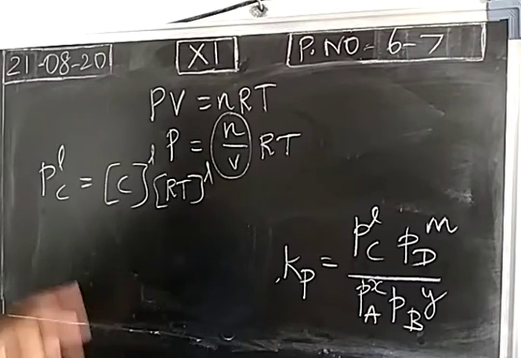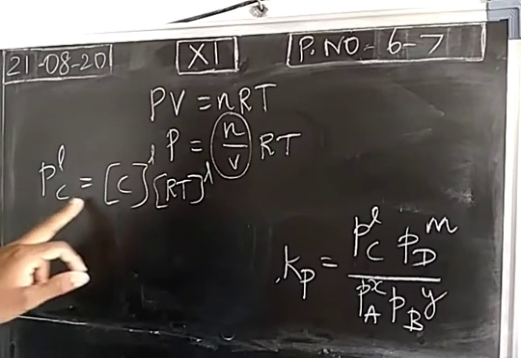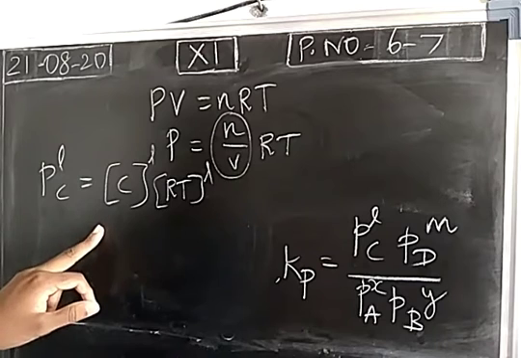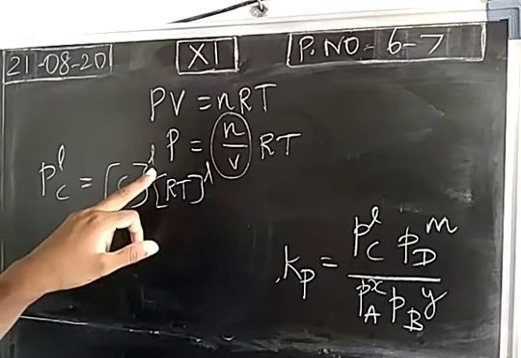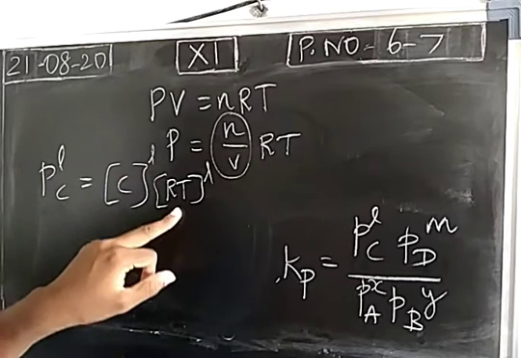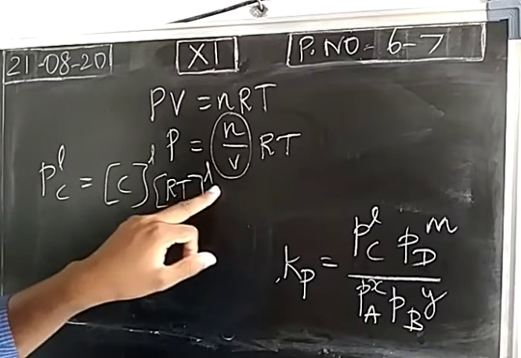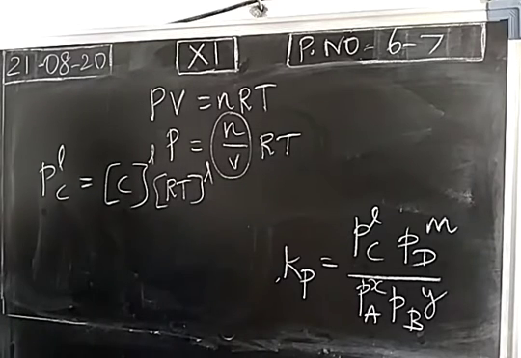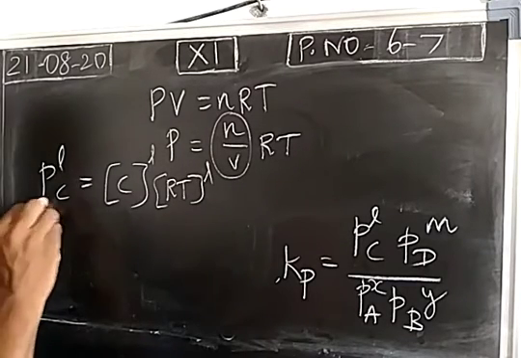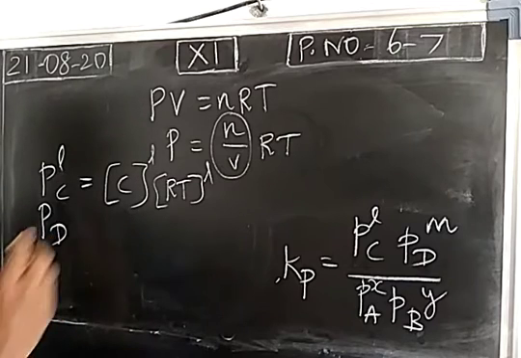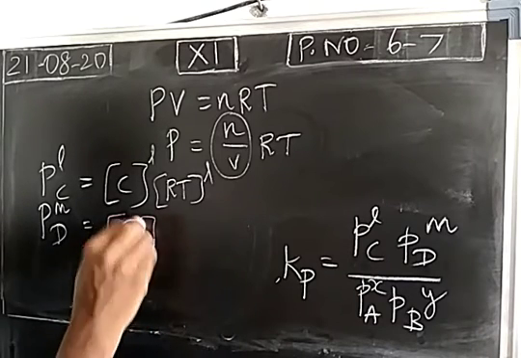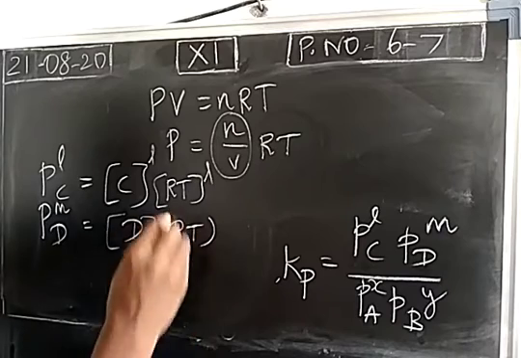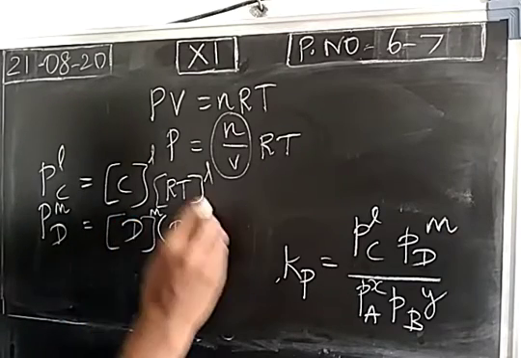Here we have the product C. Active mass of product C is nothing but the molar concentration of product C to the exponential power L, then RT power L. The same way we may write it for another product D, exponential power M. So partial pressure is the product of active mass and RT, exponential power M.